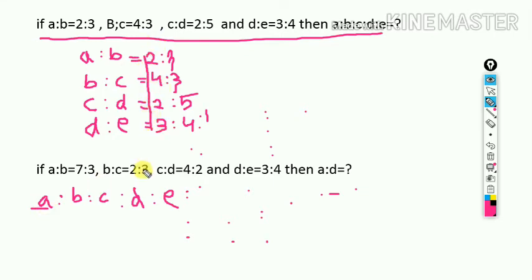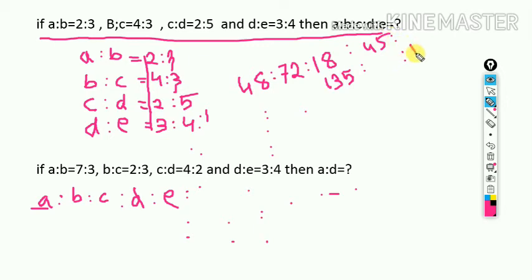You will multiply all the left hand side. To get A, you will multiply all the left hand side. So 2 multiply... 48, 72, 18, 135, next 45, most probably not.